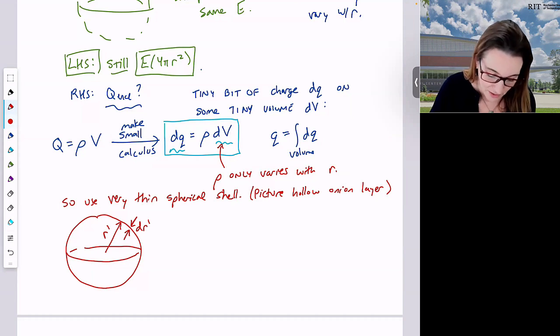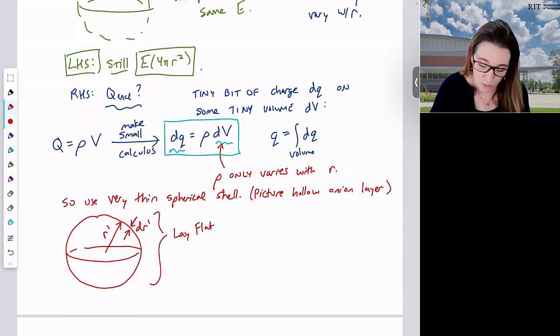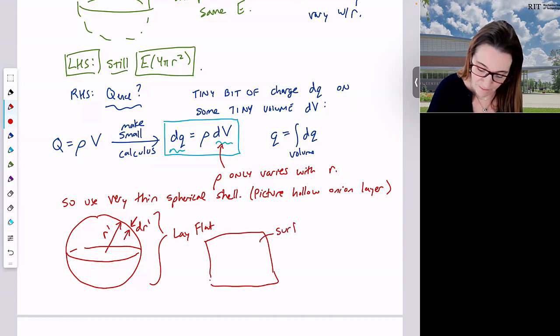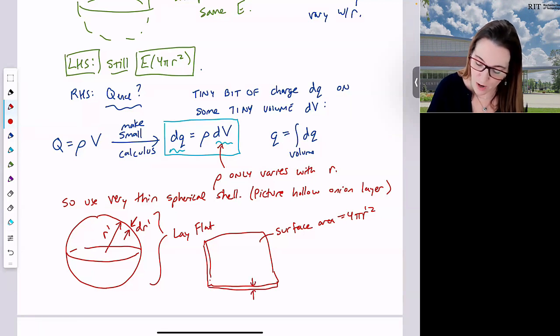If you imagine laying it flat, then you would have some shape to it, where the surface area equals 4 pi r prime squared, and then the thickness of the onion layer is dr prime.